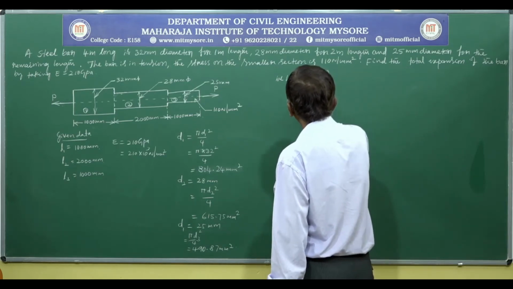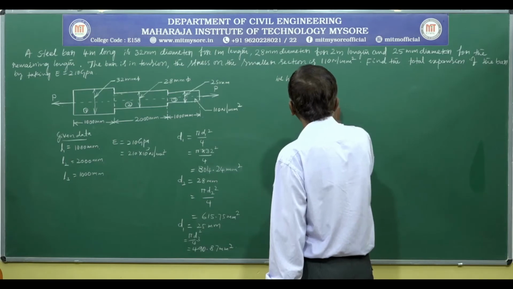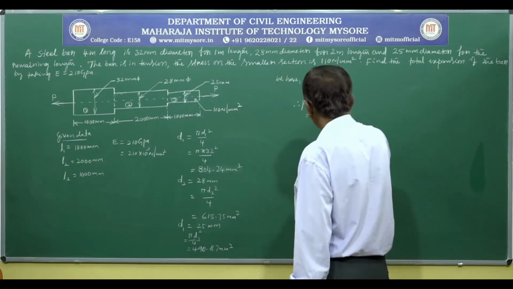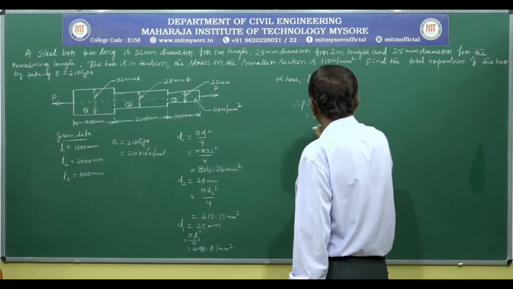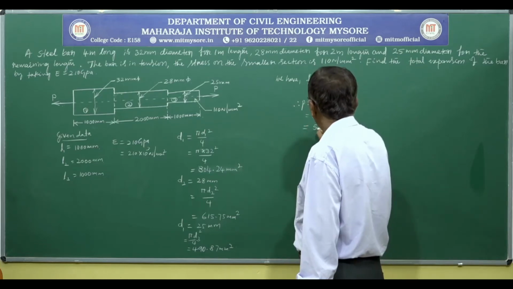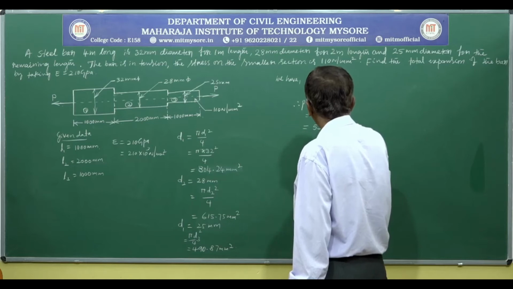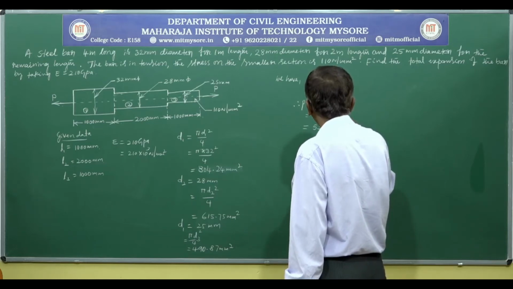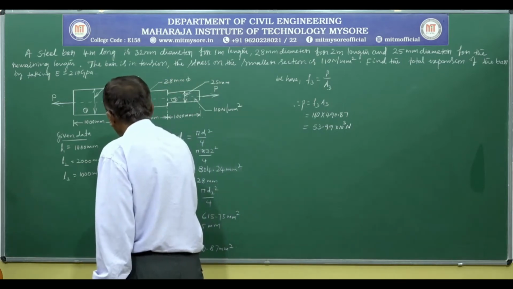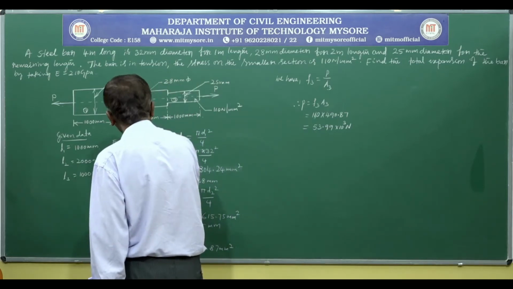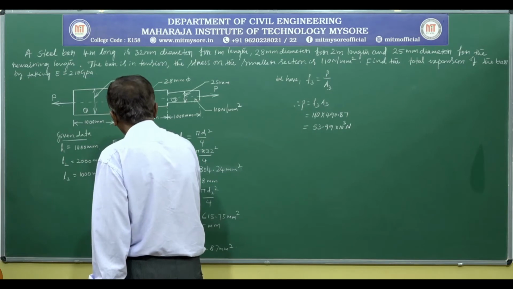Therefore, P is equal to F3 into A3, that is equal to 110 into 490.87, that is equal to 53.99 into 10 power 3 Newton. So in the given data, we can mention that stress in the small section F3 is equal to 110 Newton per millimeter square.